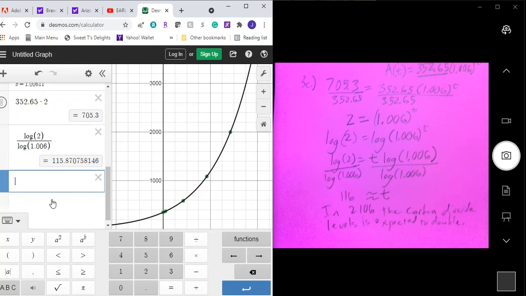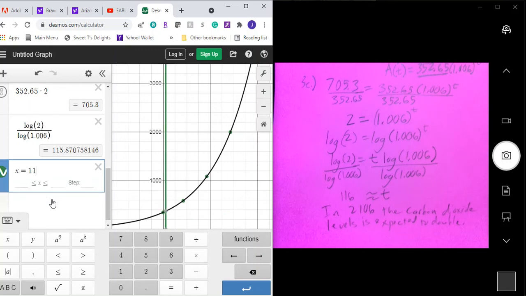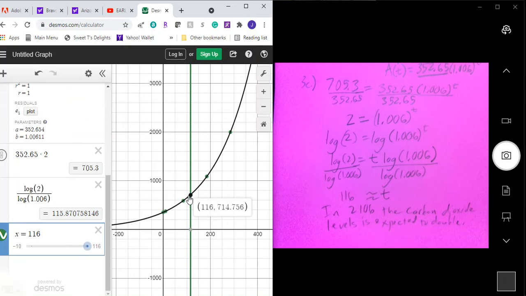We could type in, and I believe that we could do this on here because I'm used to doing this on the TI calculator, x is equal to 116. And when we have x at 116, if you notice here, it's approximately the value. It's a little bit above it, but we're basically there because we rounded this.